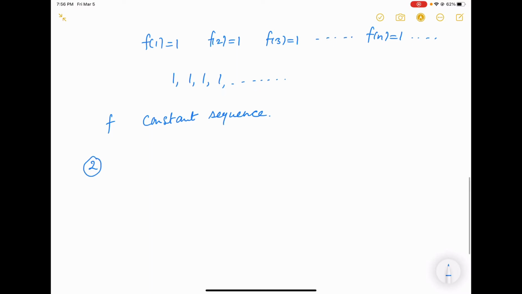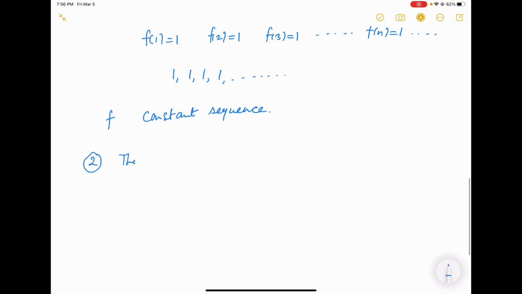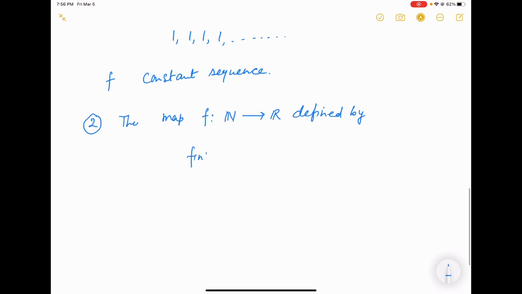Next we take another example. The map F from N to R defined by Fn as 1 if n is odd and -1 if n is even.